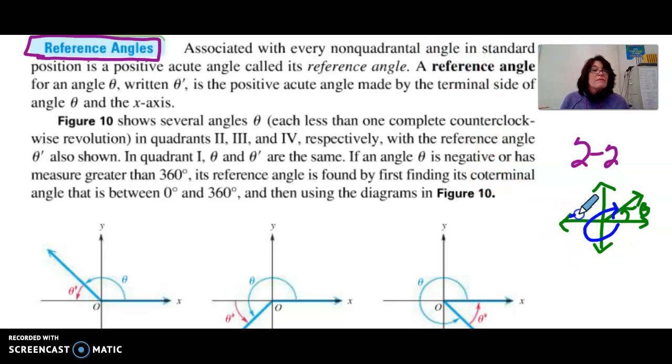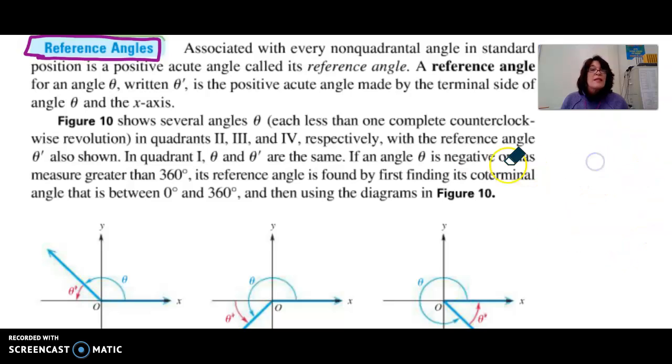Here's negative alpha. Both of those are coterminal because their terminal side lands at the same spot. Okay, another coterminal one might be this angle that I go around 3 times and I end up there. Okay, coterminal, we've done that. It's not what we're talking about.